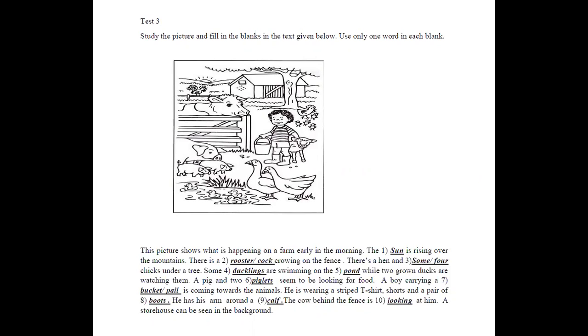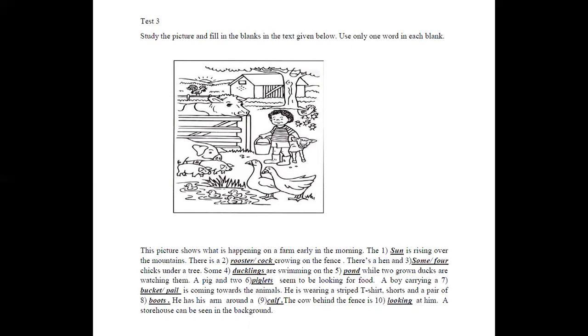So the next sentence, the blank are swimming on the blank while two grown ducks are watching them. Now see the picture. Who are the ones who are swimming on the pond? Yes, you can see there are ducklings. Duckling means the younger ones of ducks.